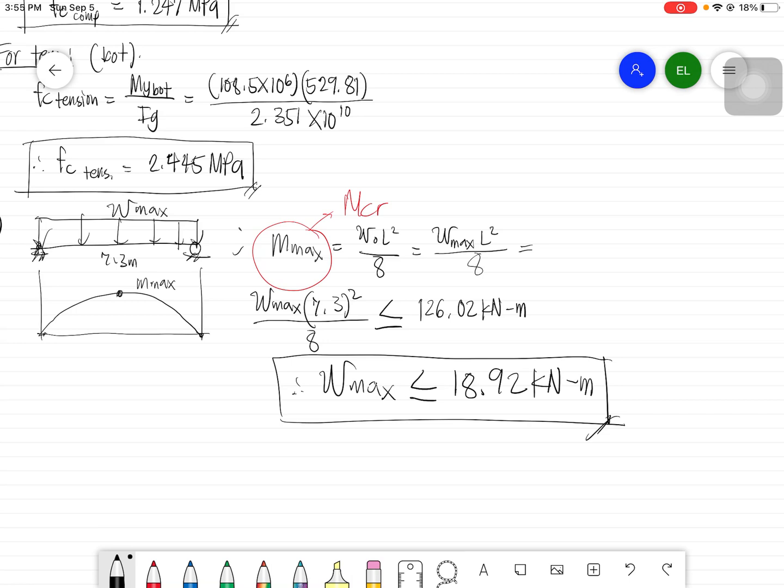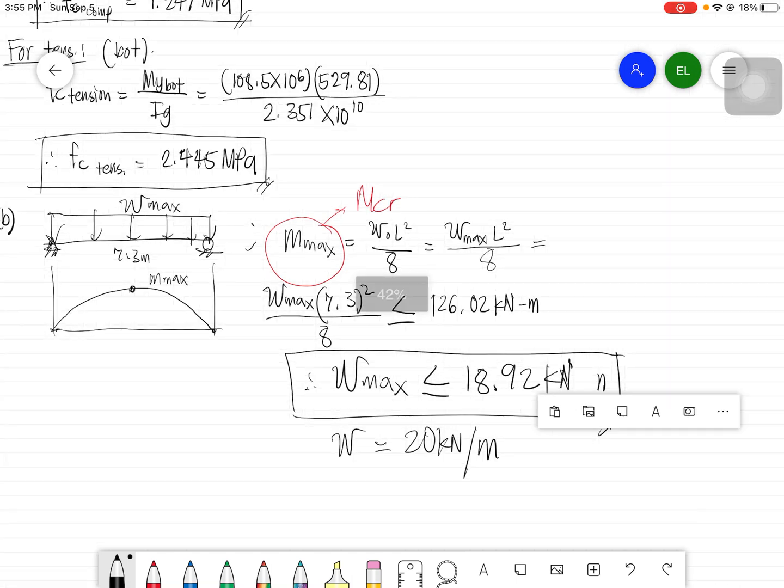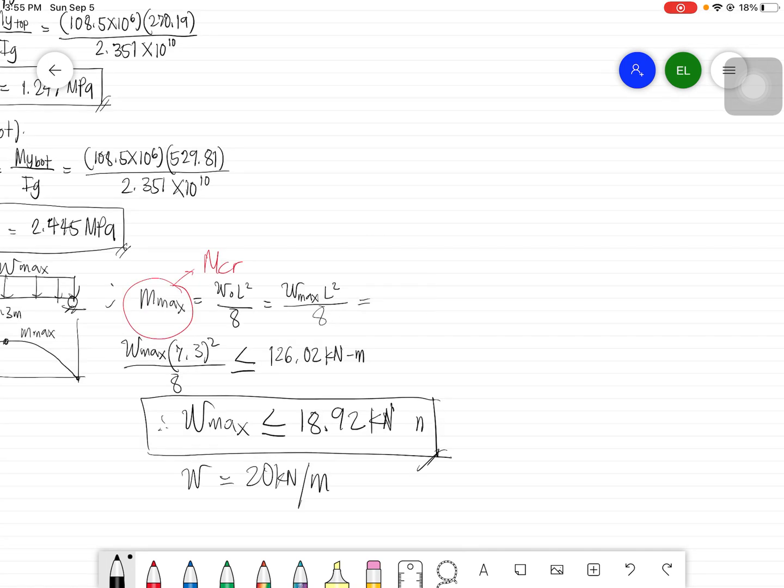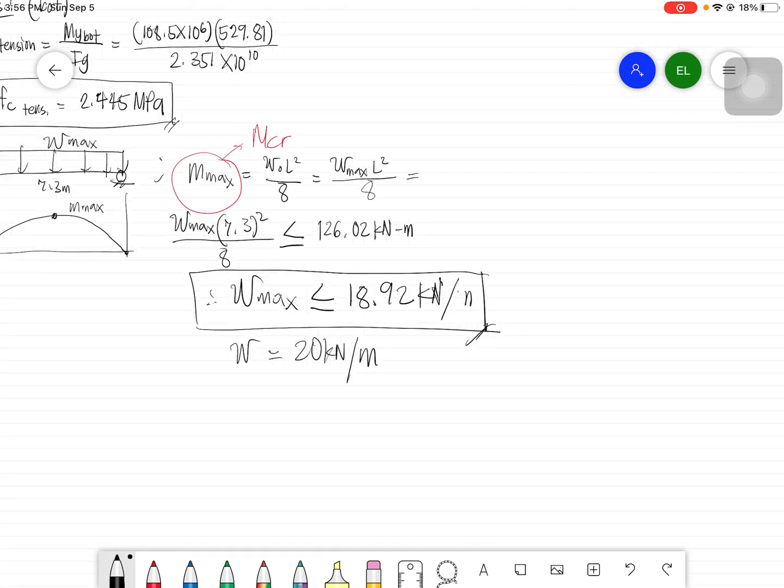Okay, so what's the meaning of this? Now, say for example, if you will have a W that is 20 kilonewton per meter. Okay, so let me correct this one, guys. This should be kilonewton per meter. So if you have, say, a W that is 20 kilonewton per meter, then your beam will be cracked already.